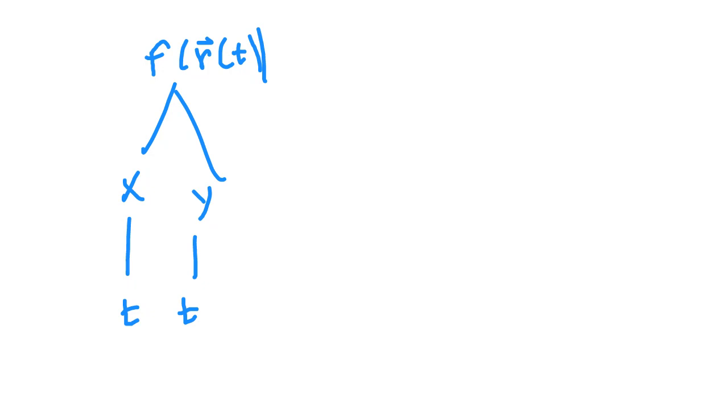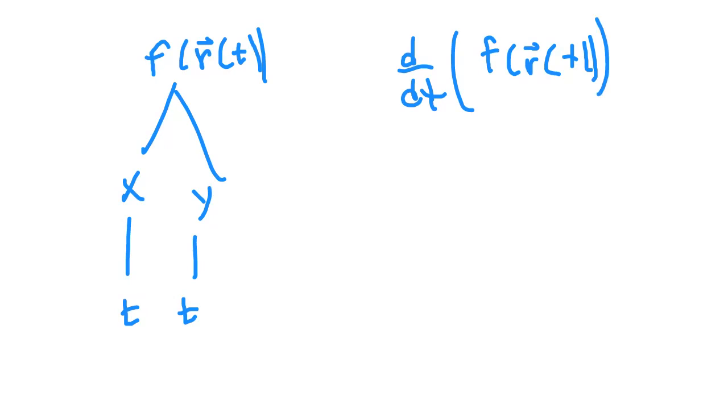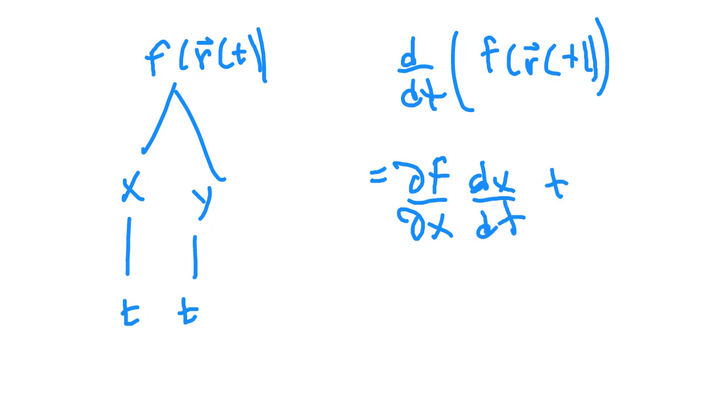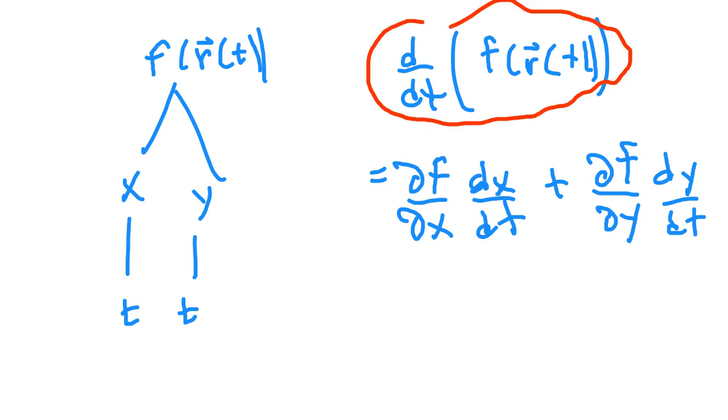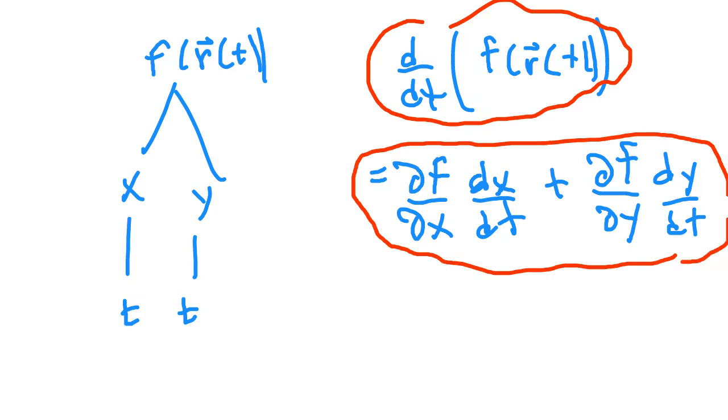If you were to find the derivative with respect to t of this function of r of t, by the chain rule, this would be what you'd have. And so the derivative of the function is equal to the chain rule expansion. Hopefully that makes sense.